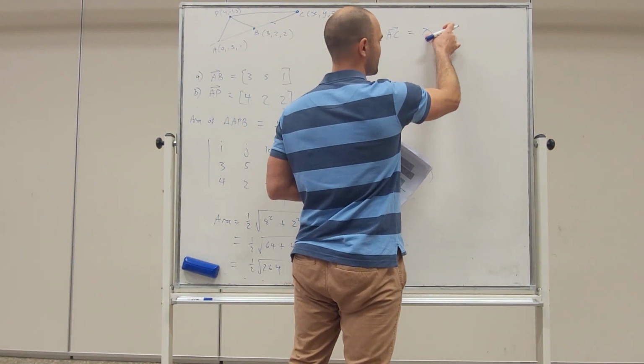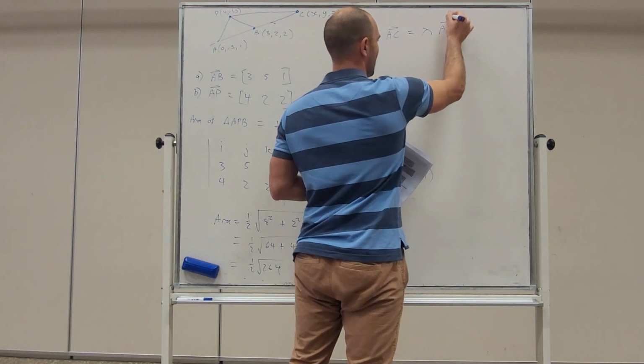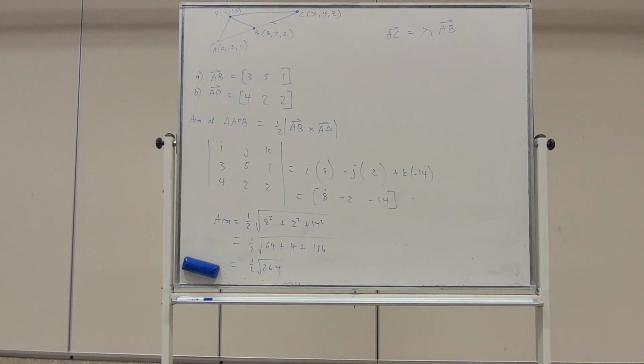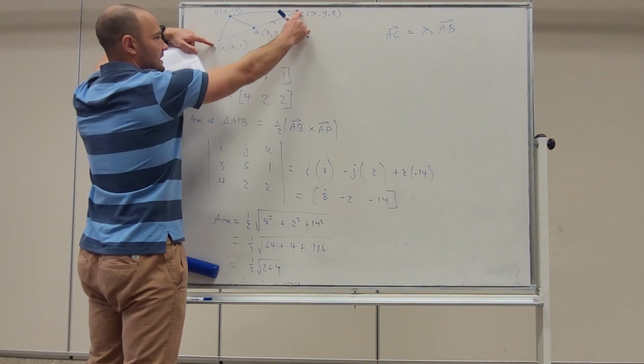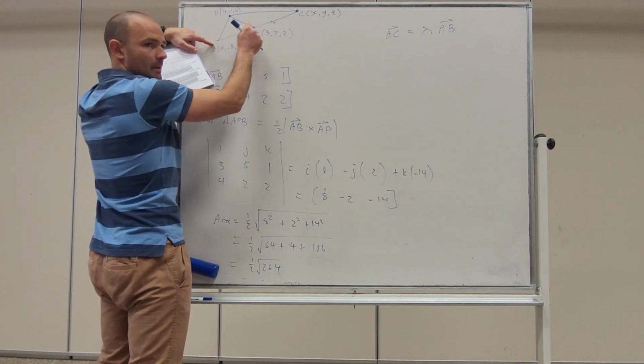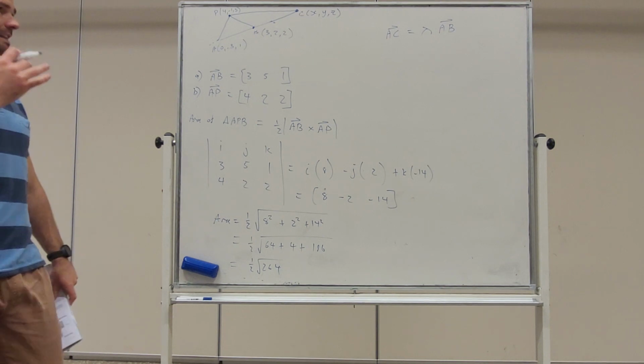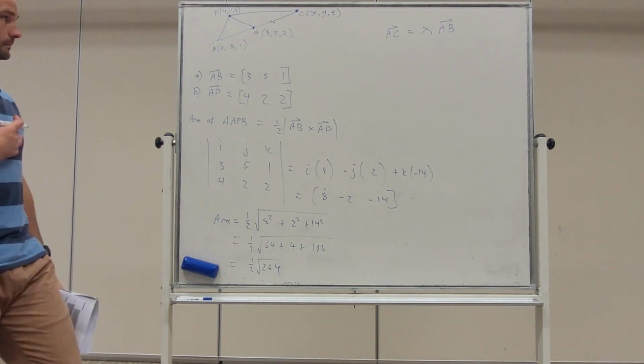So let's use lambda, because we haven't had that pop up yet. We've got A's and B's and P's and Q's and X's and Y's and Z's, so I think lambda is a good one for us to use. All I'm saying is vector AC is some multiple of vector AB because it lies on the same line. We don't know what the value of lambda is; that's what we're going to find out.